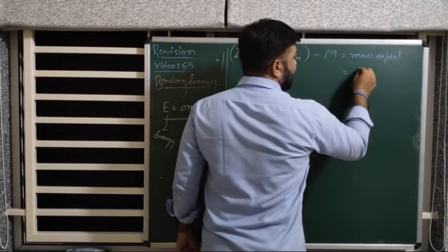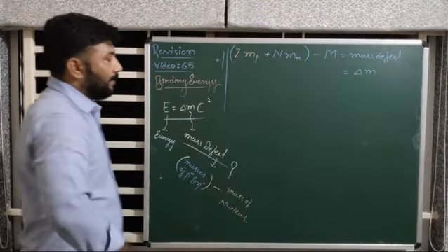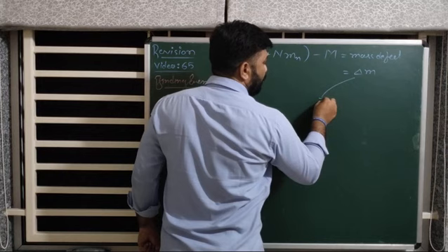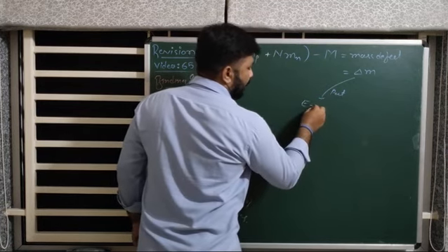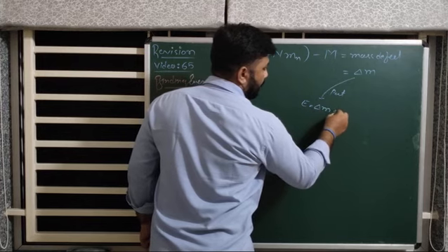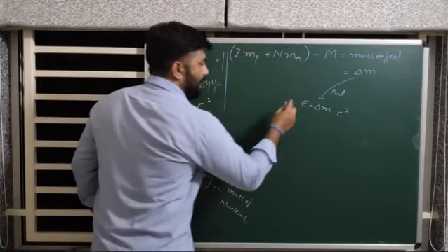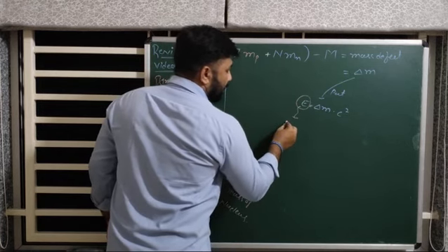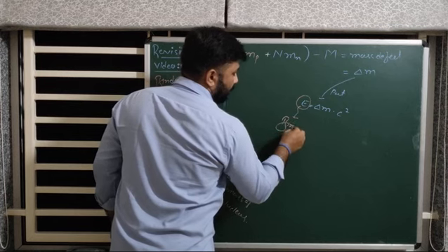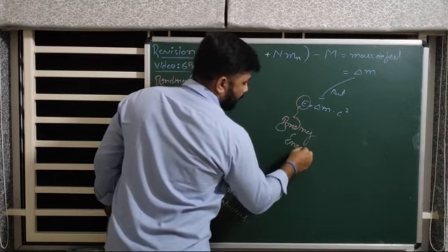And this mass defect is symbolized as delta M. And this delta M you have to put in the equation E is equal to delta M multiplied by C square. So you are getting this. That is known as binding energy.